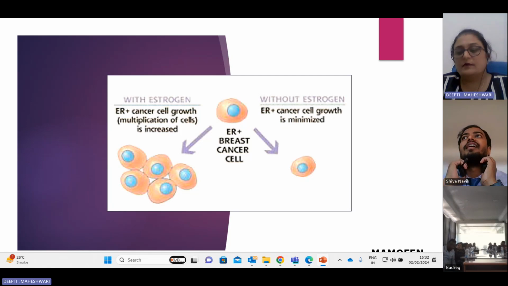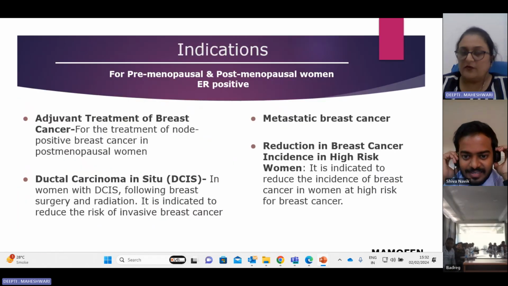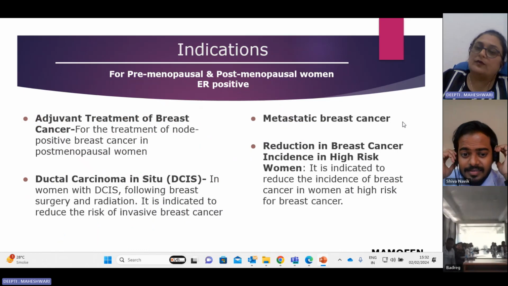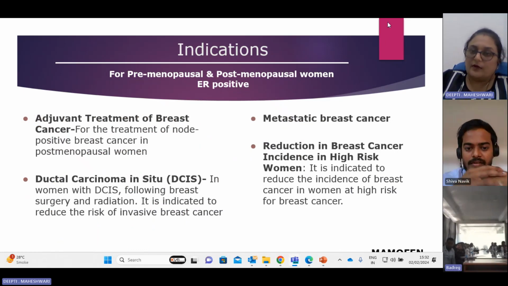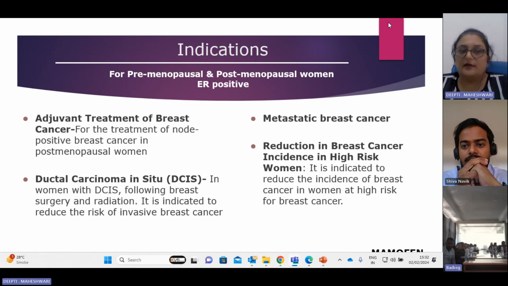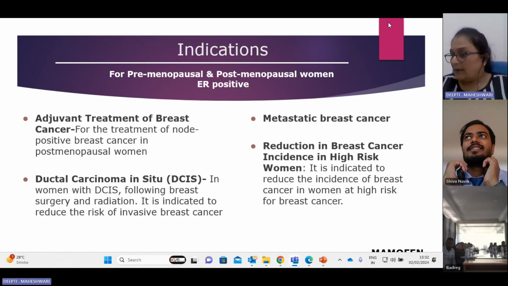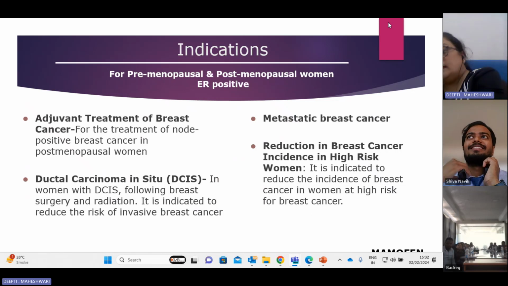So this is the simple mode of action of tamoxifen. Until today, doctors prefer using tamoxifen as the first drug of choice because it is comparatively a safe product, right? Now, coming to the indications of tamoxifen.